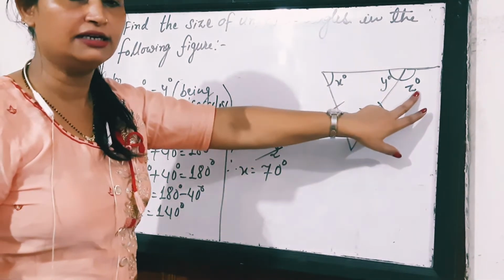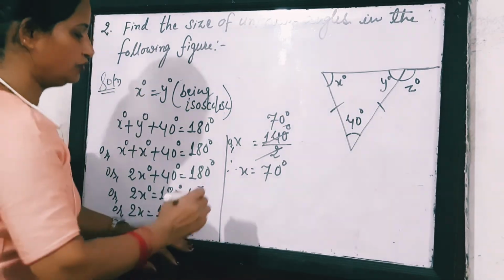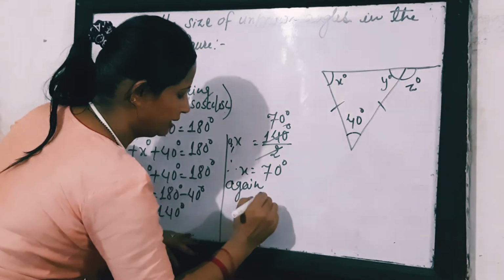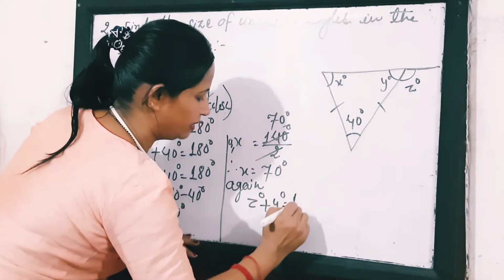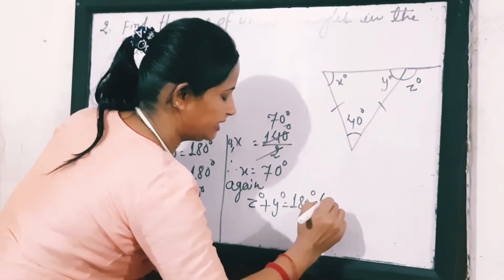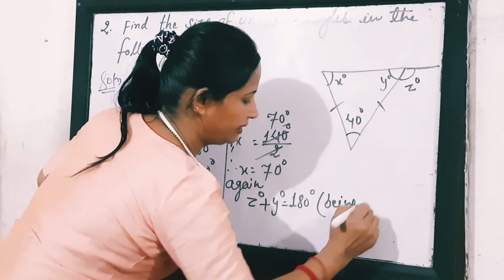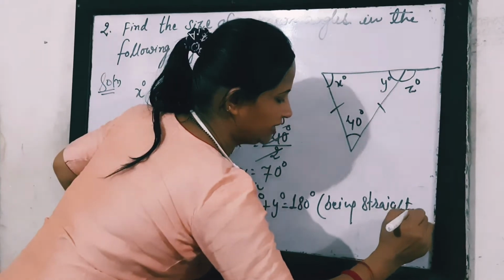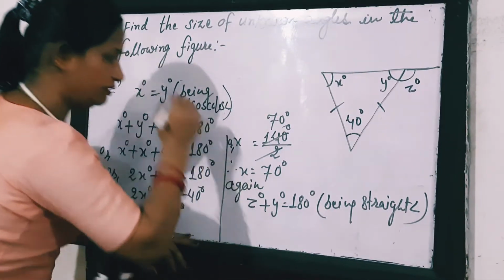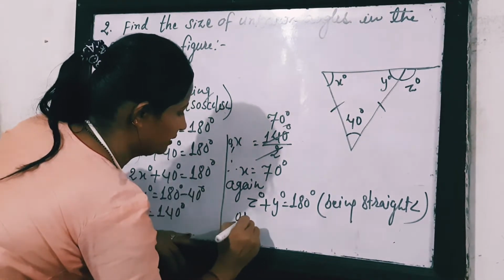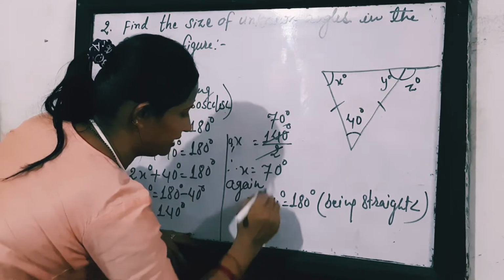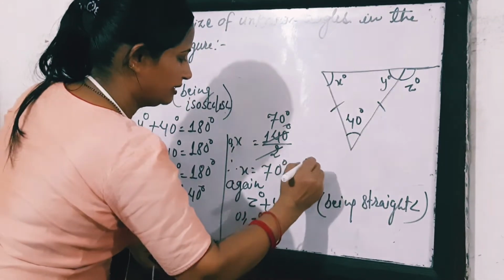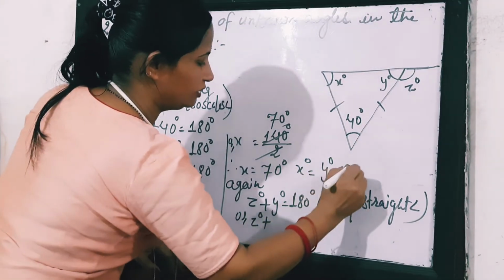Now we need the z value. So what do we have to do? z degree plus y degree is equal to 180 degree. Why? Being a straight angle. After that, z degree we have to find out, and in place of y degree we put 70 degree.